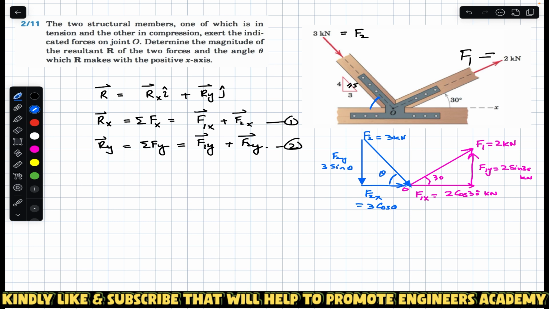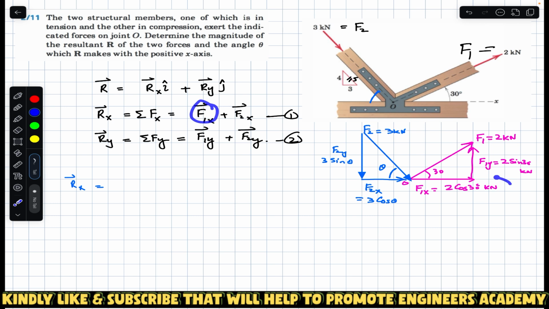So now we can say that Rx will be equal to the sum of the x components. f1x is 2 cos of 30 kilonewton, and this is acting in the positive x, so we must write plus. Similarly, f2x is acting in the positive x as well, so this is also plus 3 cos of theta.